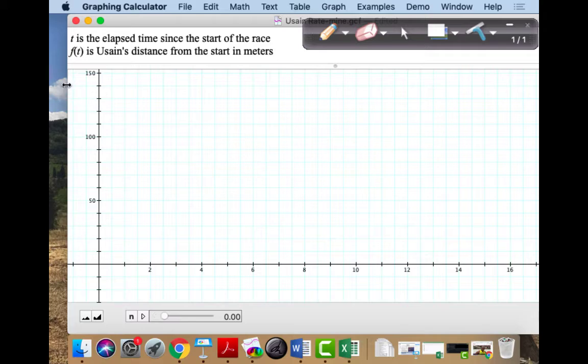In this graph, I'm going to show y equals f of t, where f of t is Usain's distance from the start measured in meters. That was a 100-meter race. And t is the elapsed time in seconds.